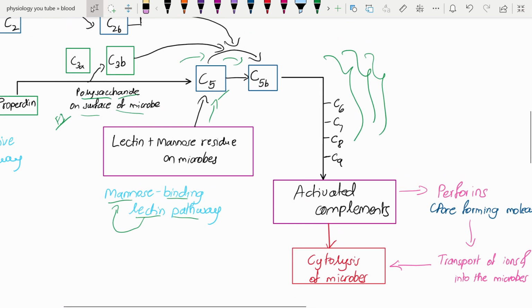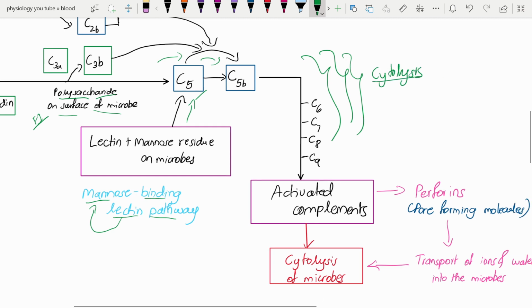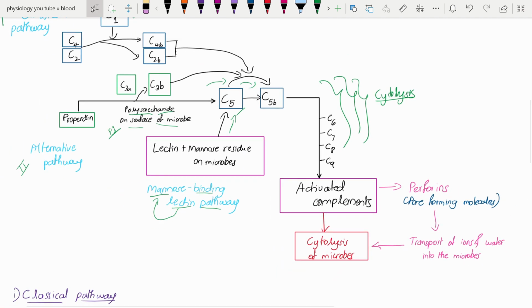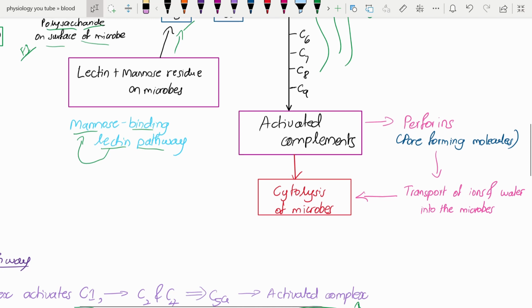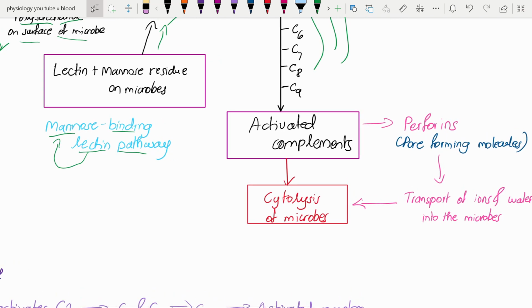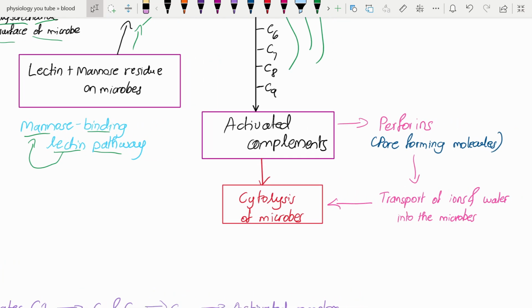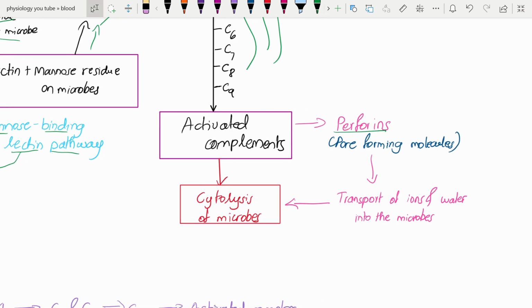So as I mentioned, cytolysis, but how? That is important, as this is where the whole study is involved. The activated complement complex acts like perforin. As the word says, these perforins will perforate the microbe.